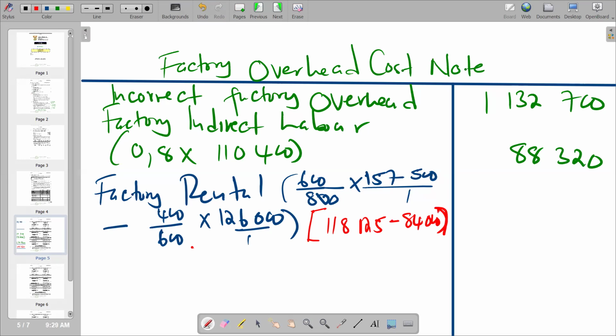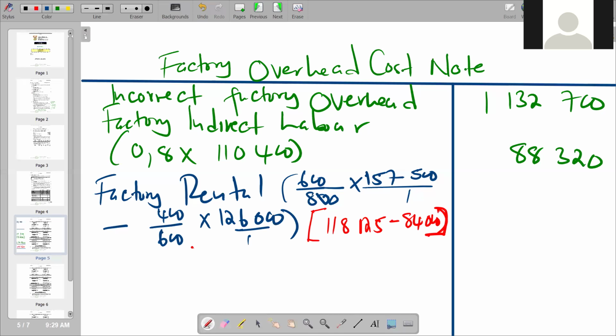So you're going to see that the increase that we have here, if you say 180,125 minus 84,000, you get 34,125.